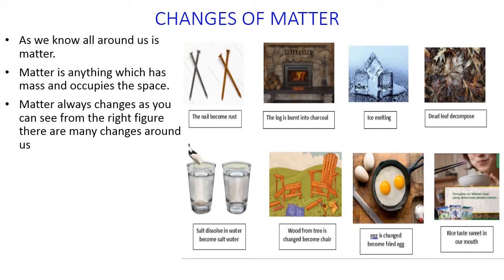The nail becomes rust, the log wood is burned into charcoal, ice melting, dead leaf decompose, salt dissolved in water becomes salt water, wood from tree is changed become chair, egg is changed become fried egg, rice tastes sweet in our mouth. That's all the changes around us.